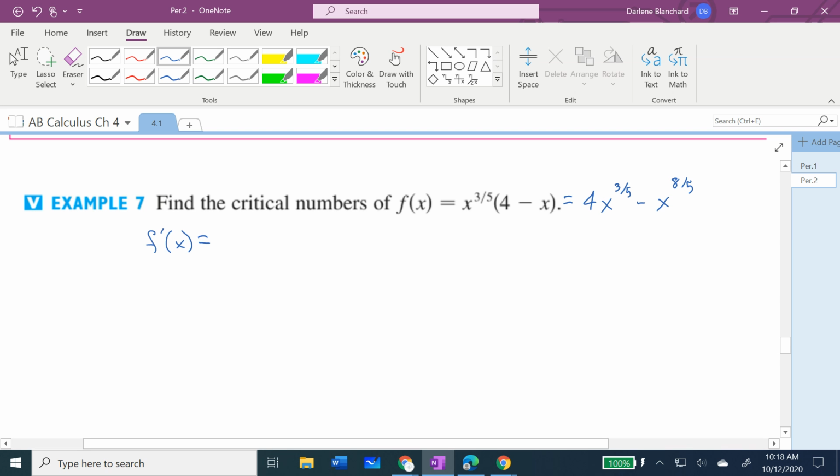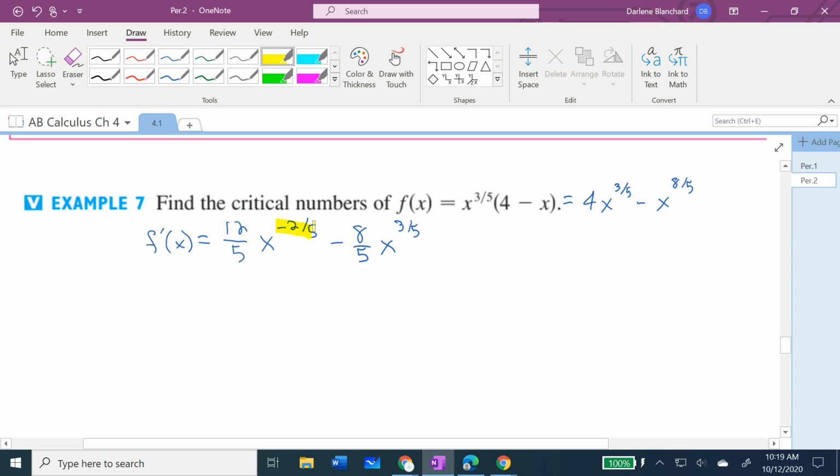All right, here we go. Taking the derivative, 12/5 x to the negative 2/5 minus 8/5 x to the 3/5. Now, your choices right now are you can make that negative exponent turn into a denominator and then go through a whole finding the common denominator. But I want to show you another way that a lot of people don't use, but in my opinion, at least saves a good amount of time.